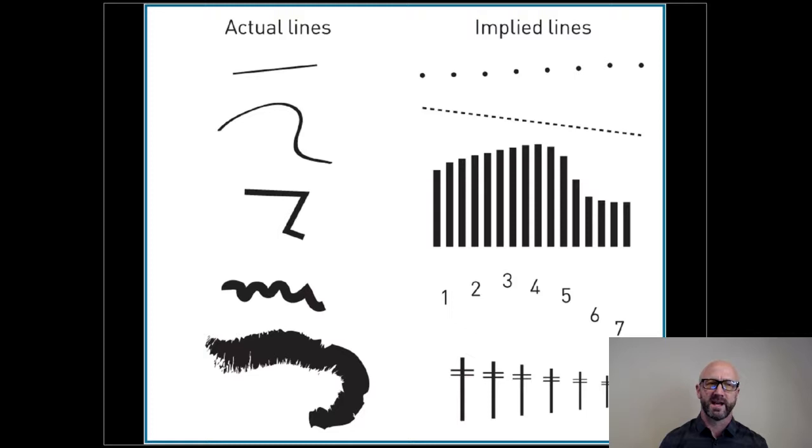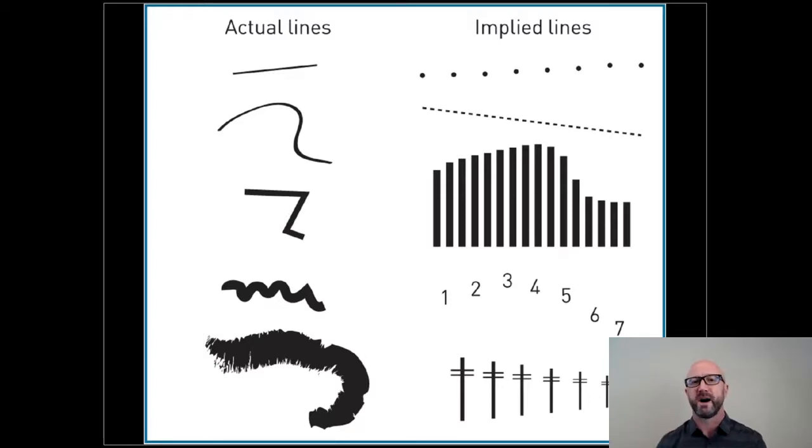So if you look on the left-hand side under actual lines, you see what we might call real lines. These are lines that actually are lines. If you look on the right-hand side, we have what are called implied lines. They're the kinds of lines that are achieved when I point at something and your eye goes from that finger to what I'm pointing at. There's no actual line there, but there's a kind of line of sight.